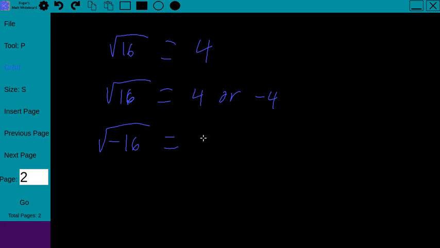Initially I thought, okay, it would be negative 4. But that doesn't work, because if you take negative 4 and multiply it by itself, you get a positive 16. That's not what we're after. We're after a negative 16.